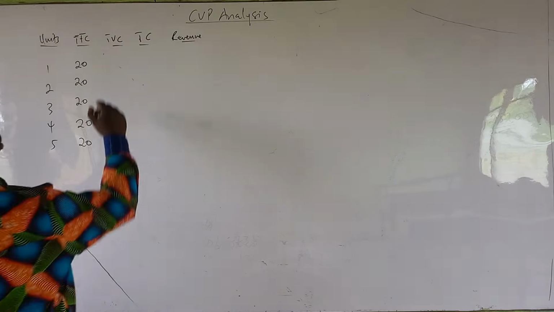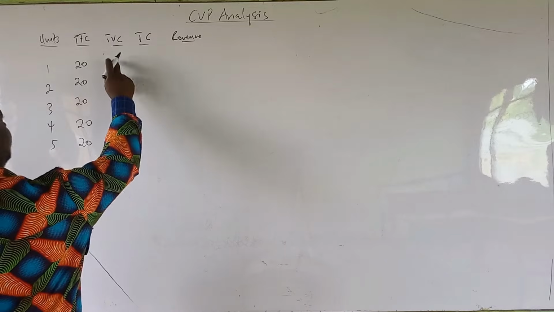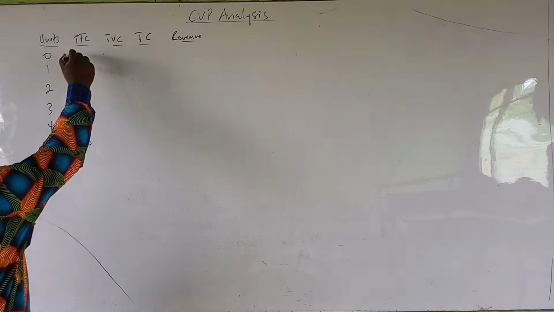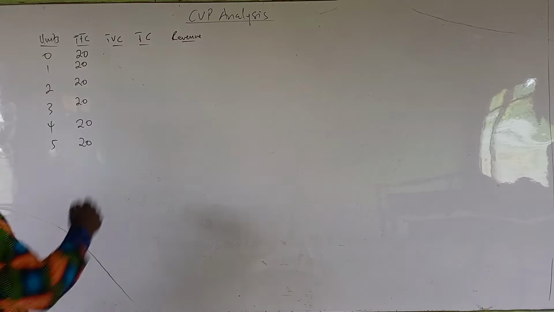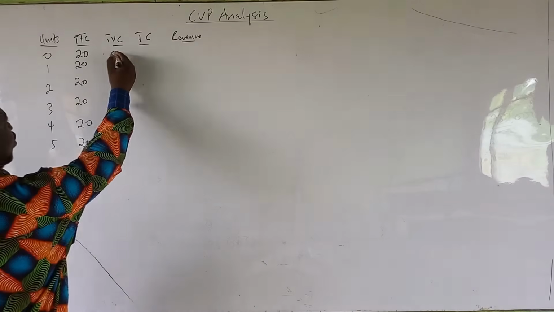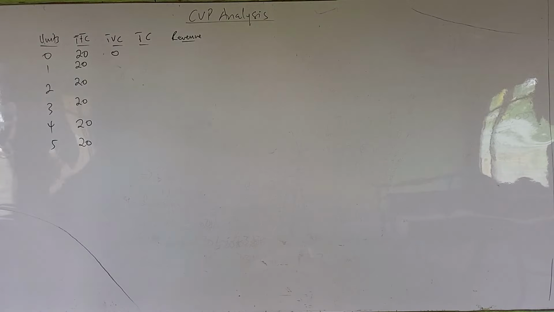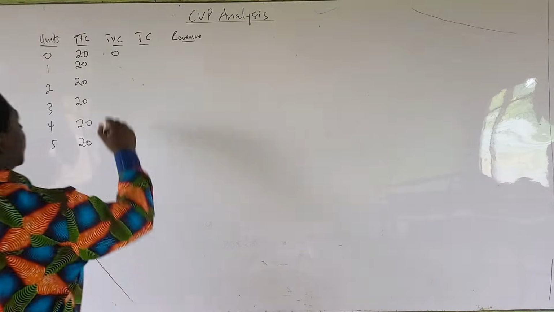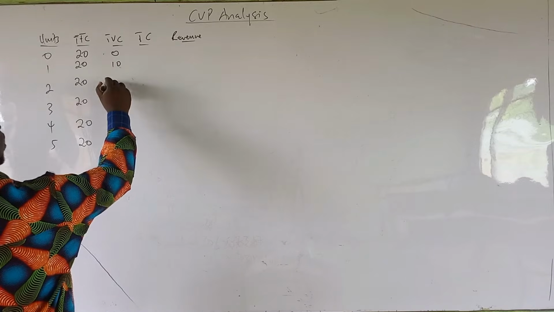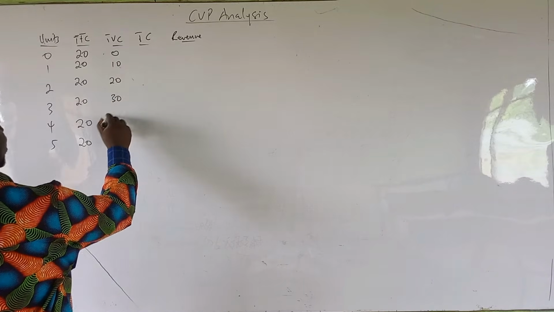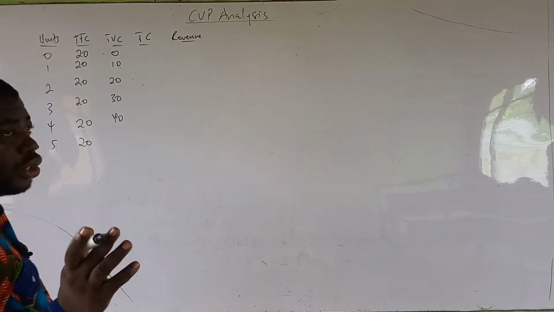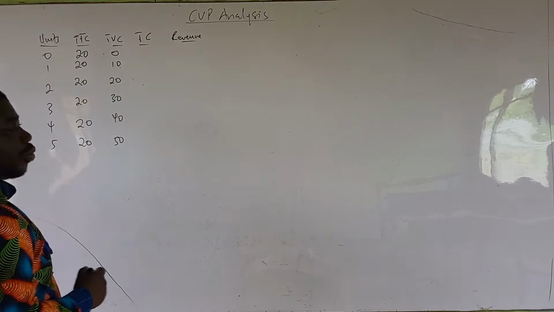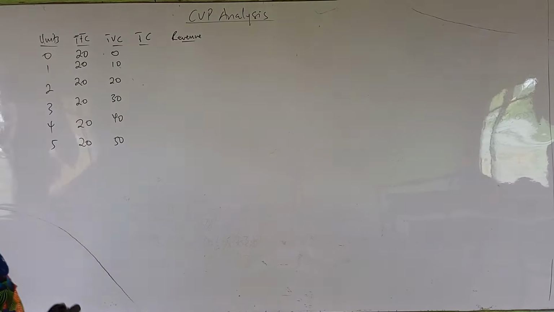And let's say variable cost, let me begin from unit 0. Total fixed cost will still be 20. Total variable cost will be 0 when there is no unit produced. Let me say at 1 is 10, 20, 30, 40, because you already know the concept of variable cost, that it changes in proportion to the changes in level of output.